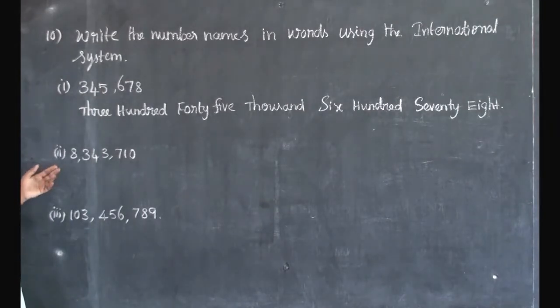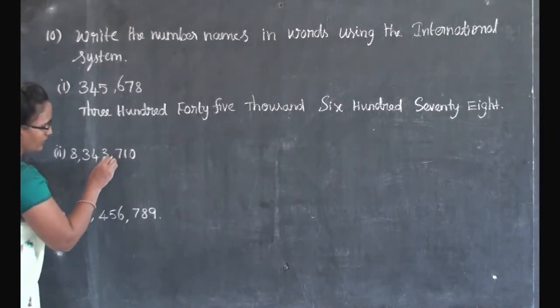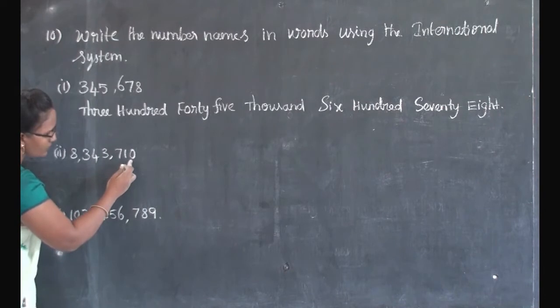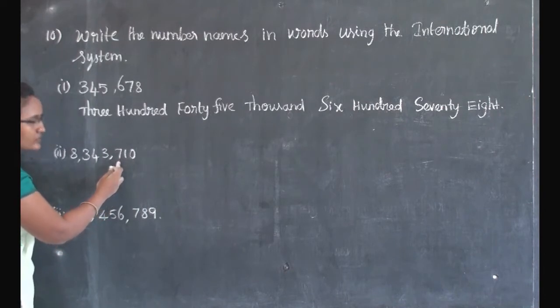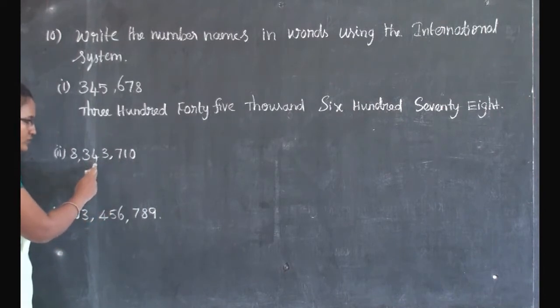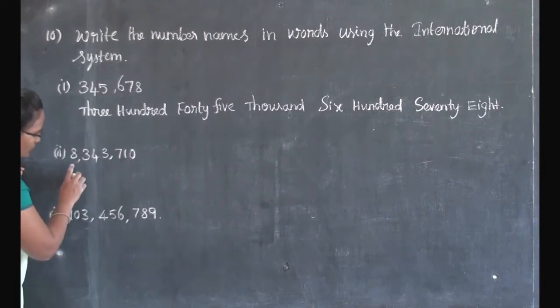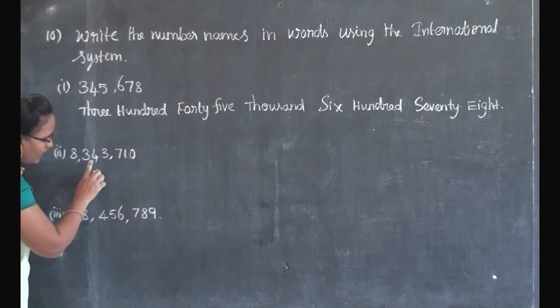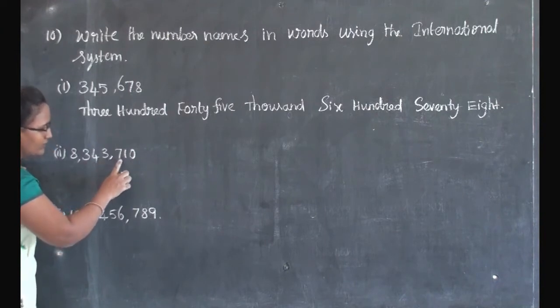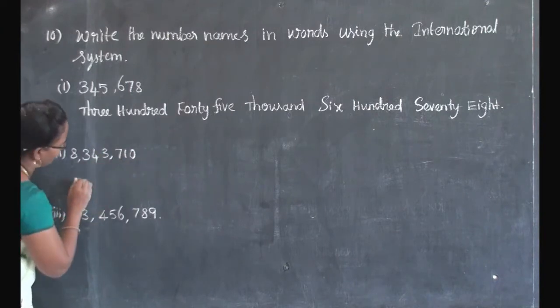So next one, read out the place values. Ones, tens, hundreds, thousand, 10,000, 100,000, and then million. So 8,343,710.